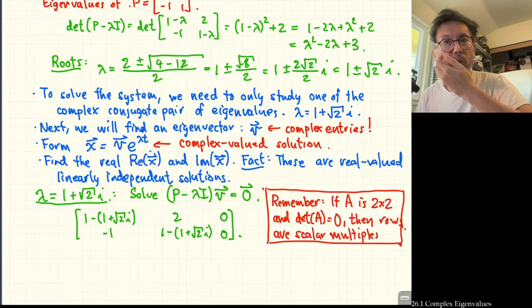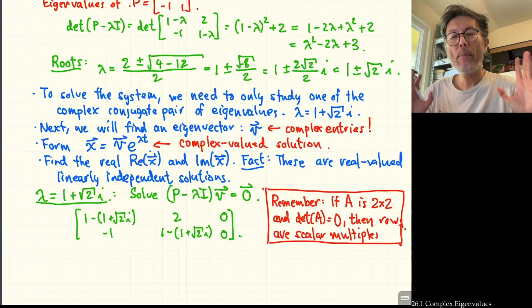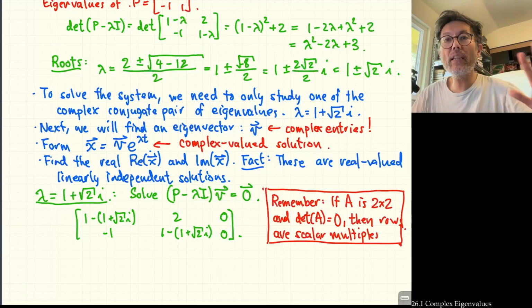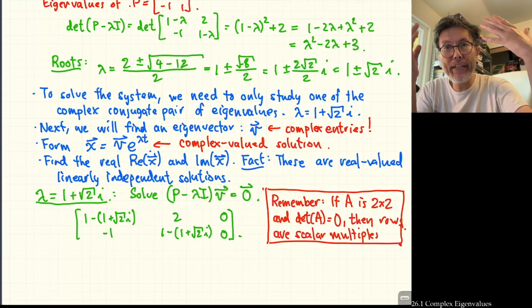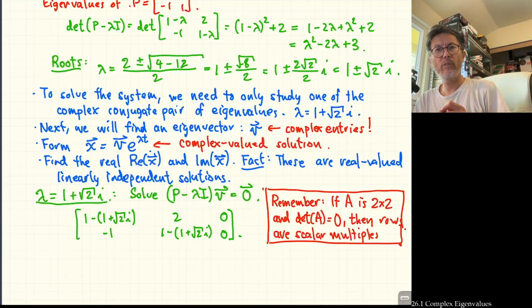Why is this so useful here? It's so useful because we know that we don't need to think about that second equation, that second row. We can operate simply from the first row. Does this make sense?